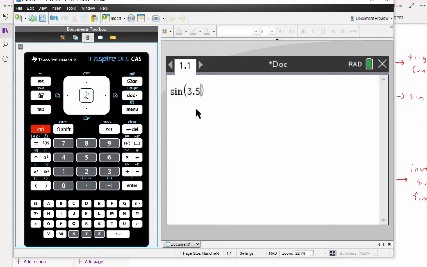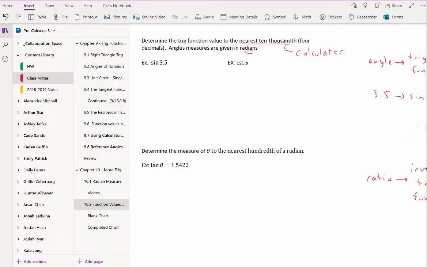I hit Control Enter to get a decimal approximation, and there it is: negative 0.3508 rounded. Negative 0.3508. That's all I need to do. Plug it into the calculator, and I'm good to go.